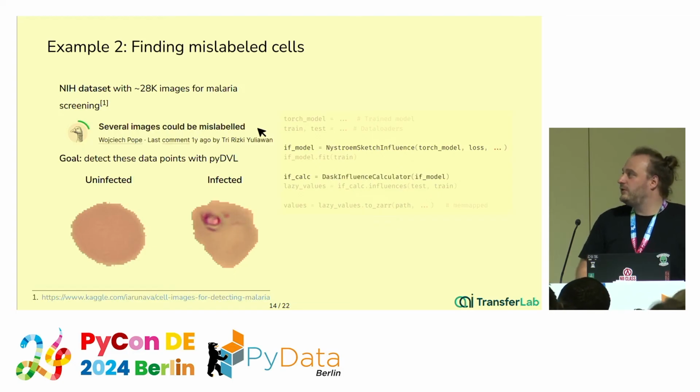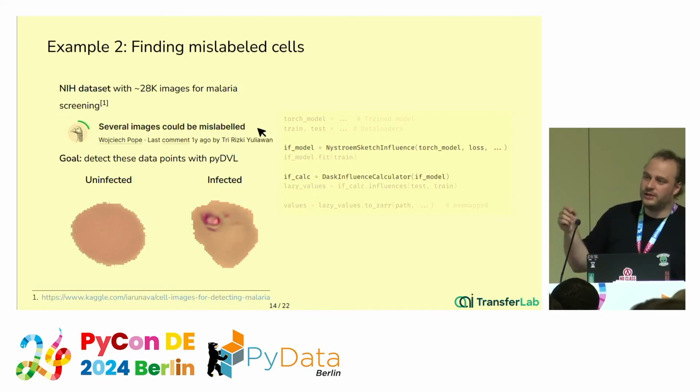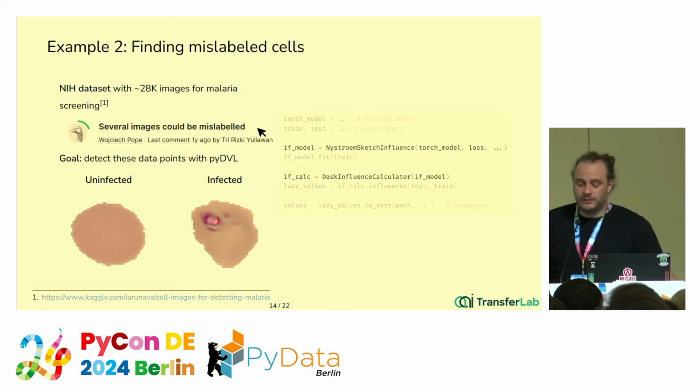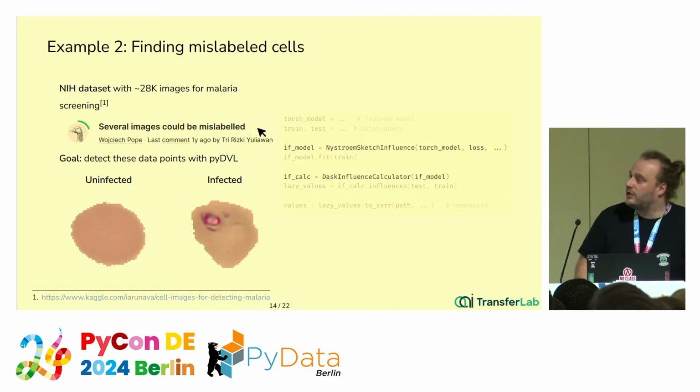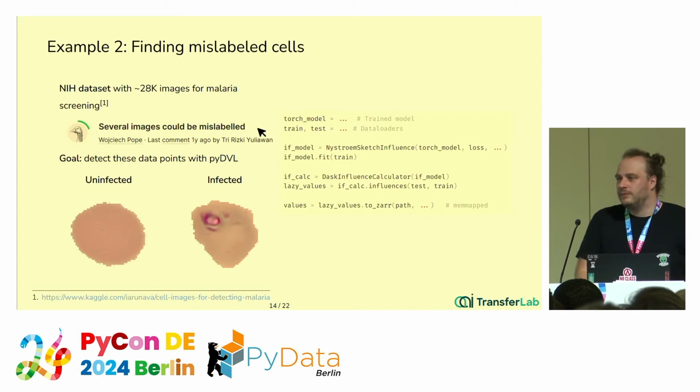Then you can use a different mapping model. Instead of doing it sequentially, you can do it in parallel. If you have a large cluster, you map this to more worker nodes. And then again, you can calculate the influences and map them to disk.